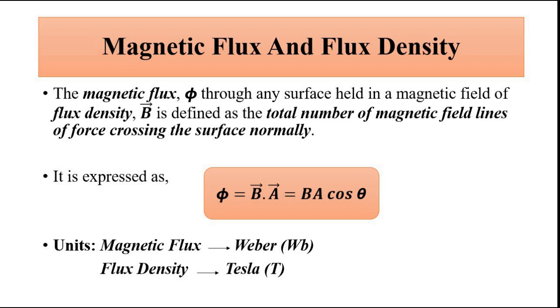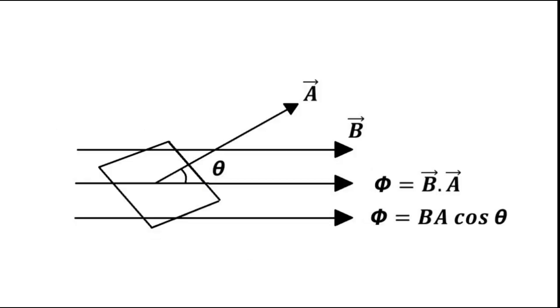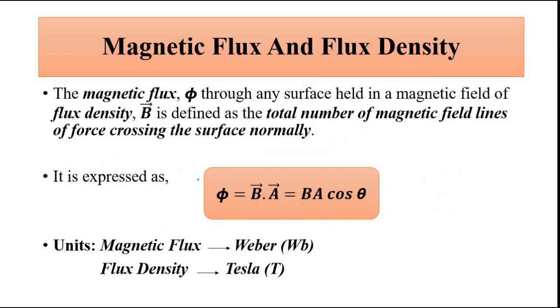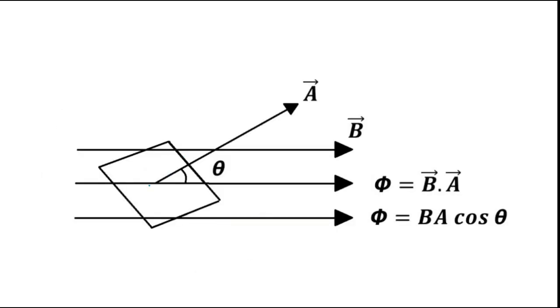So basically, magnetic flux is a measure of the number of magnetic field lines passing through a surface or an imaginary area. If we imagine the number of magnetic field lines passing through it, that gives us the magnetic flux, which is basically the dot product of the magnetic flux density and the area of the surface. As we all know, the area vector is perpendicular to the surface, outwardly, so it is given as the dot product B vector dot A vector, which is equal to BA cos theta.